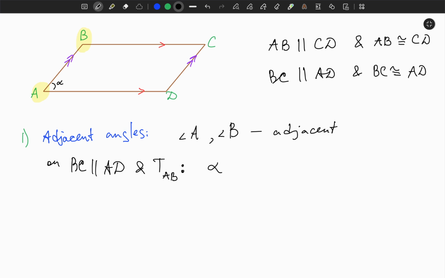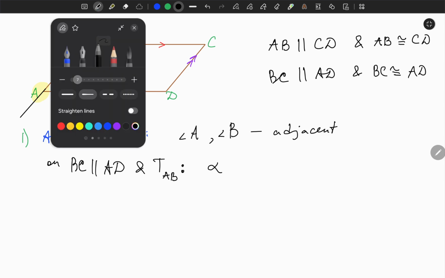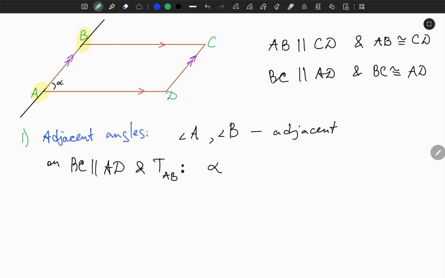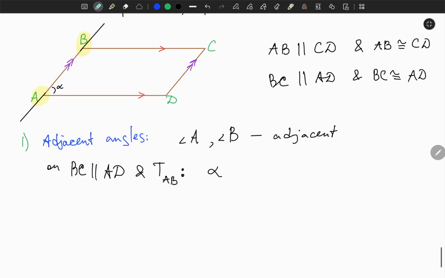If I extend AB on both sides, angle alpha will be congruent to what?